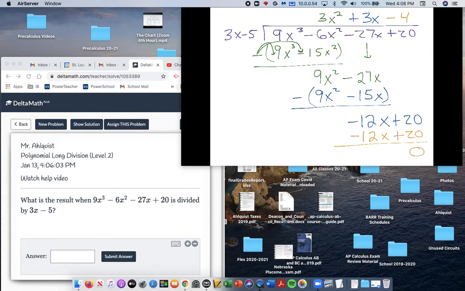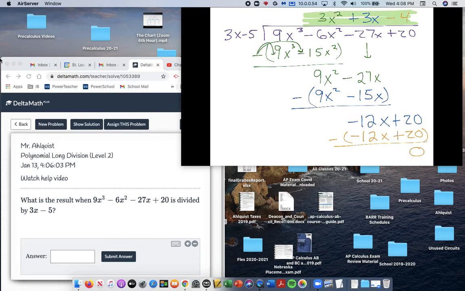And notice when I subtract these, I get 0. So that's my answer to this one. Right up here, this is my answer to this problem. Right there. That's what I'm going to type in.